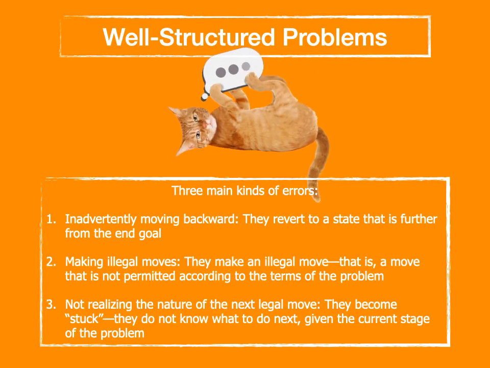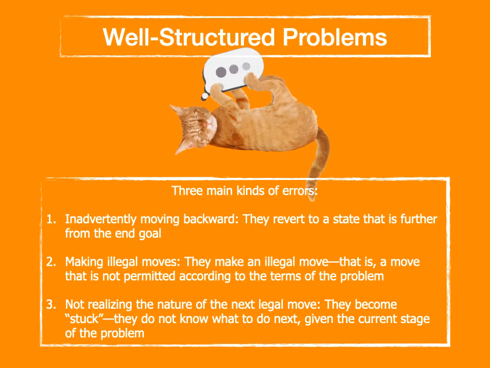Second is to make illegal moves. That is, we try to apply a course of action that is not applicable to the problem. An illegal move in terms of the orcs and hobbits is a move that is not permitted according to the terms of the problem. When you try this activity, you will realize that there are actually illegal moves.